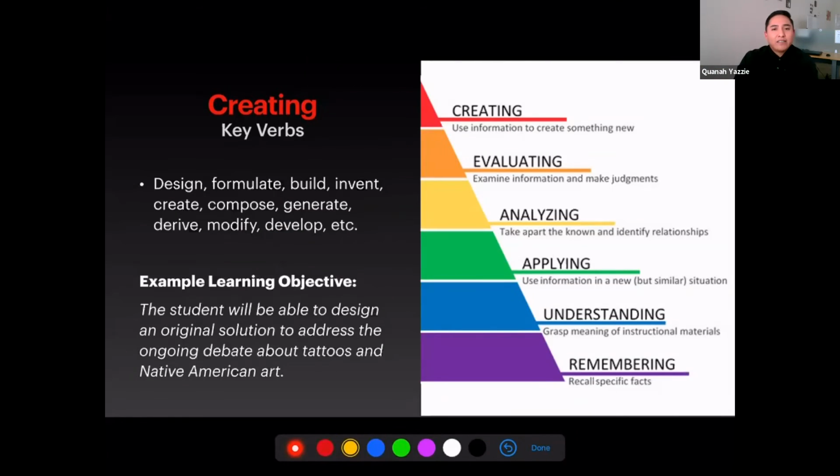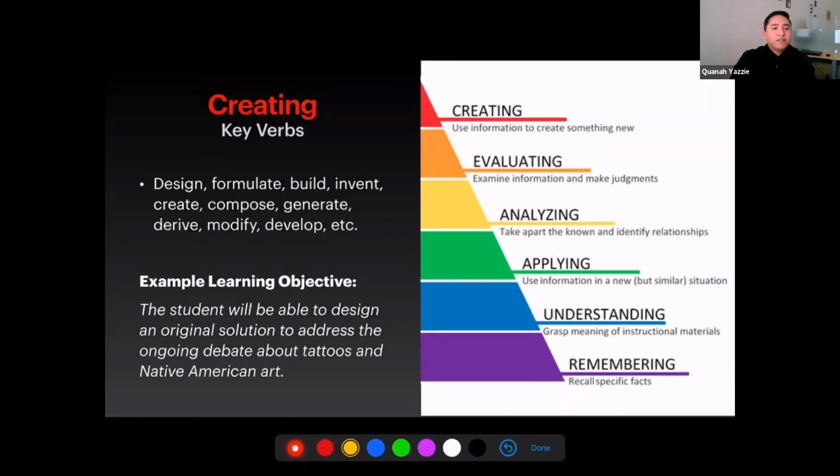So anything relative to creating something new, something innovative. Anytime you see one of these key verbs, you're basically being asked to create something new, using your cognitive thinking at the highest order.